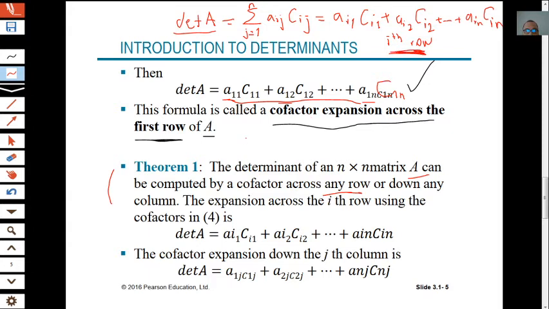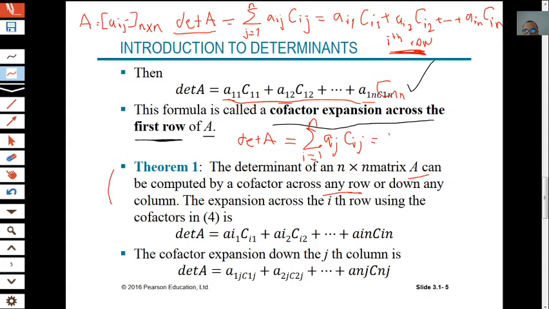For the column, the determinant of the matrix A, where A is given generally as aij, n by n, becomes the sum from 1, where the variable of the sum is now i, not j, to n of aij bigger Cij.